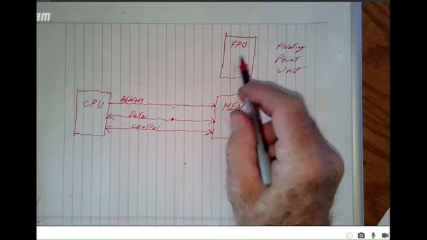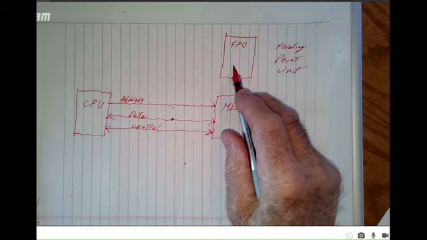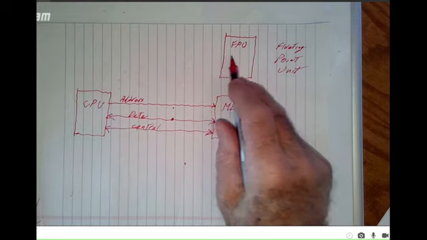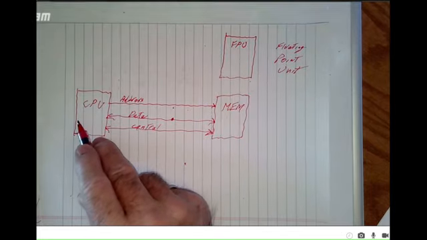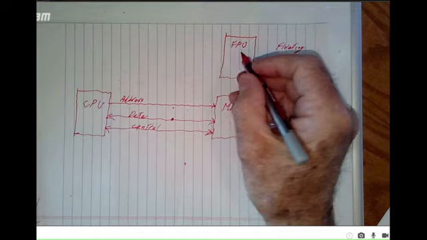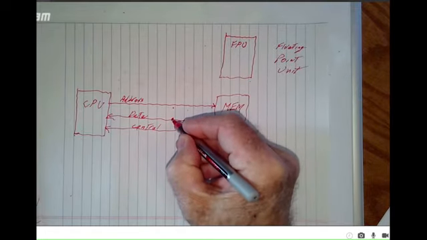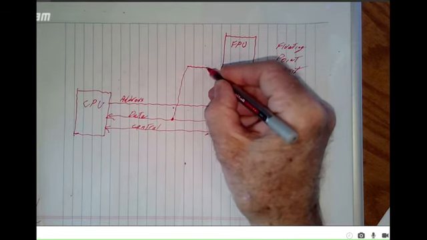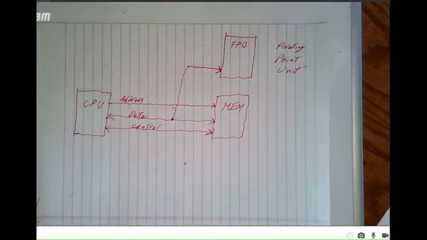First of all, this being a small CPU means that it has an instruction set. There are instructions in binary form that tell it what to do, just like over here. And so the floating point unit is going to watch the data bus.